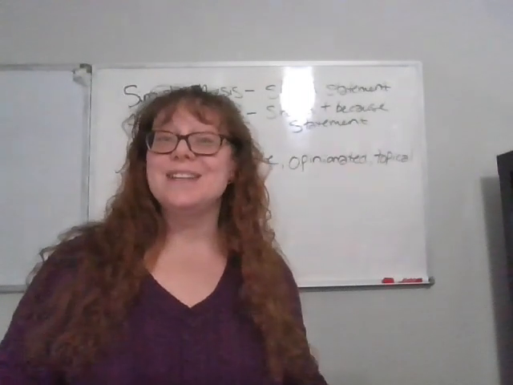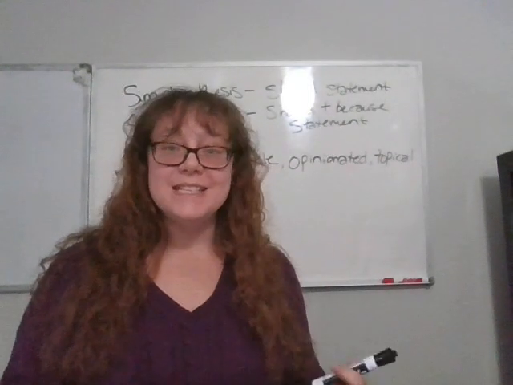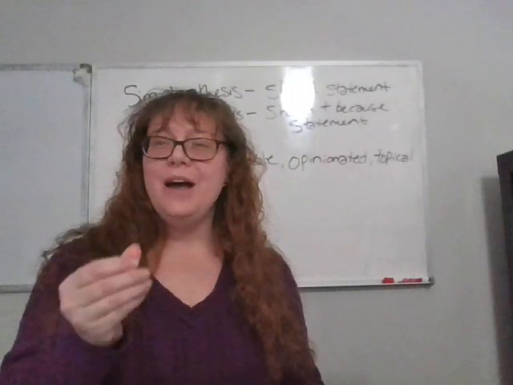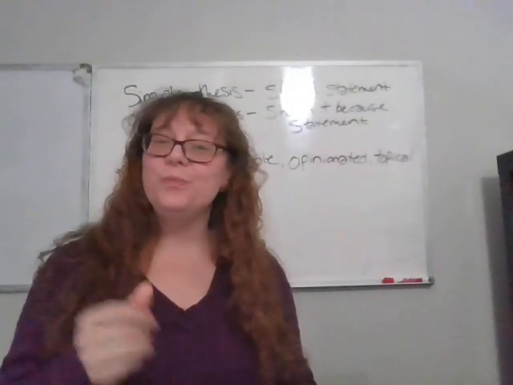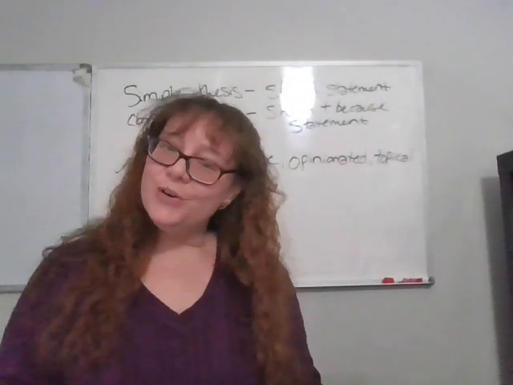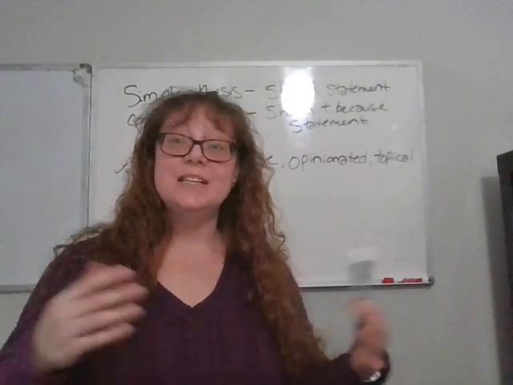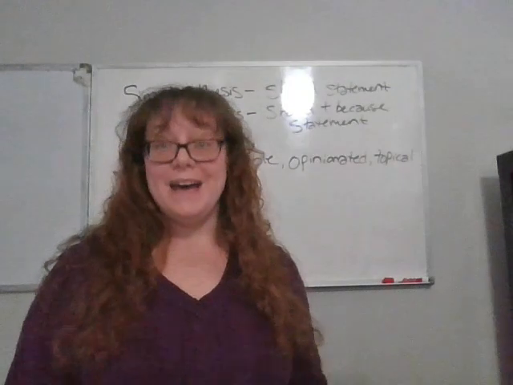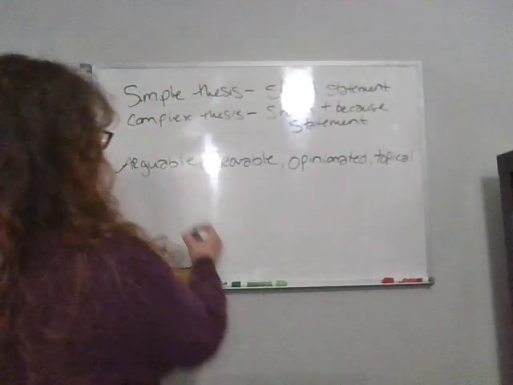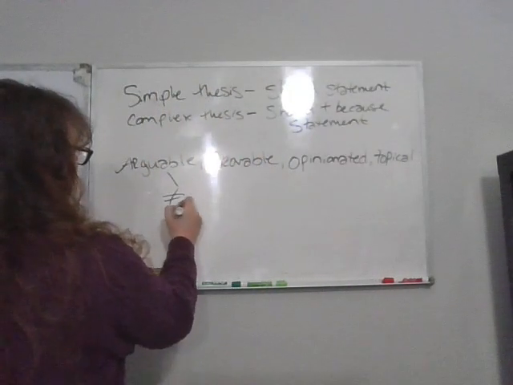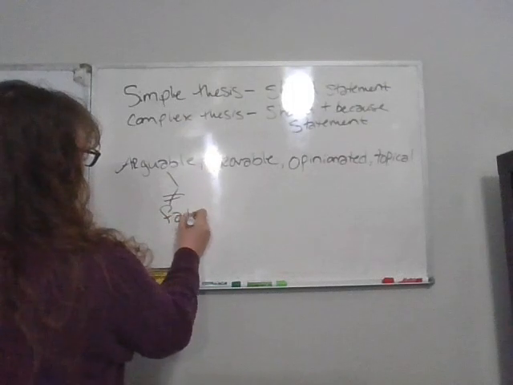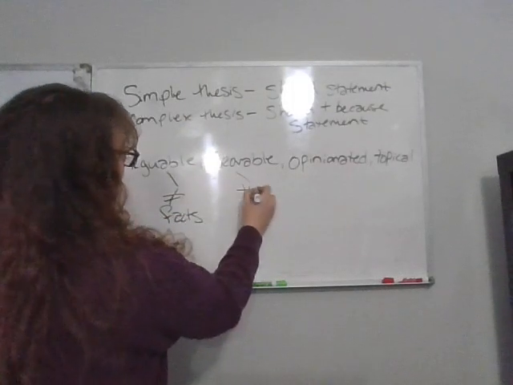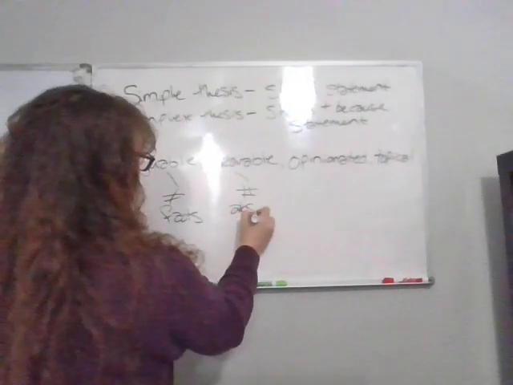Those abstract concepts that you cannot pinpoint and say, well, what is the best, right? If you can go through and explain what is the best, then that should be in your thesis instead of the word best. All right. So we have no facts and we have no abstractions.